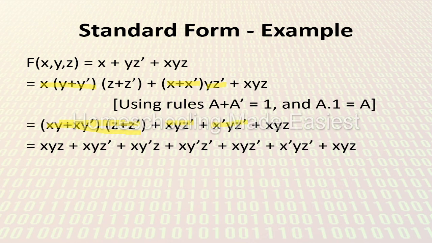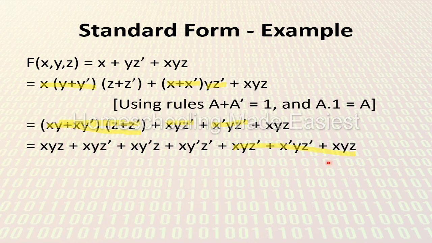We copy those here, including the last term. So we have applied the distributive law to all the applicable terms. If you notice, all our terms now are minterms. This is a minterm, another minterm, another minterm, and so on.